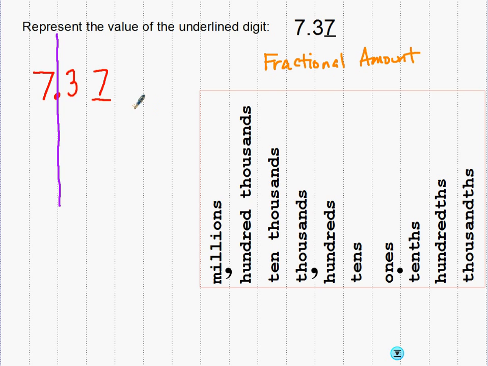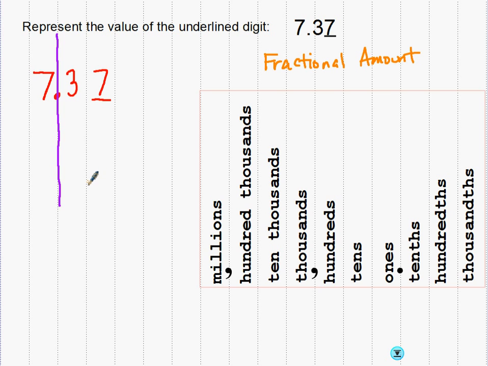To do this, we have to figure out which place our digit is in. Let's start with our decimal point and use it as a reference. We're going to see that our 7, our underlined digit, is 2 places to the right of the decimal. Look on the place value chart. We can see that 2 places to the right of the decimal is the hundredths place.